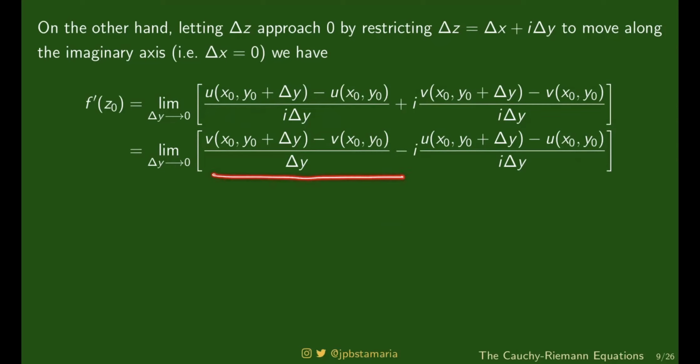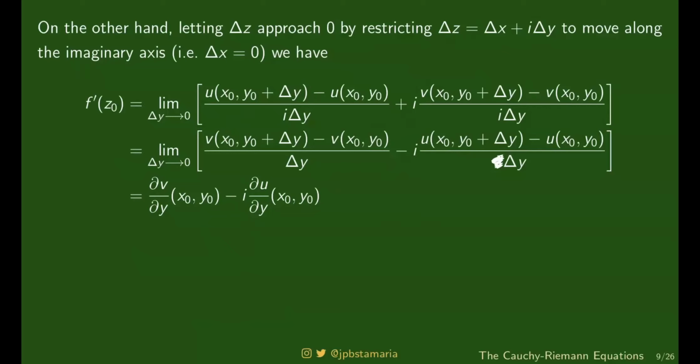Yung unang term, ano yun? Partial derivative yan with respect to y. Yung pangalawang term, partial derivative naman din ito. Ay, sorry. May mali na naman akong pagkakatype. Wala na tong I. Diba? Na-divide na nga eh. Okay?